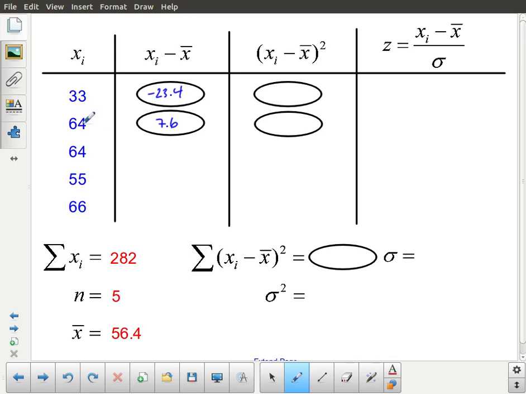If this data point is greater than your mean, the number should be positive, which it is. I also want to calculate the squares of these things. So I'm going to take negative 23.4 and square it, which of course turns it into a positive, and that ends up being 547.56.